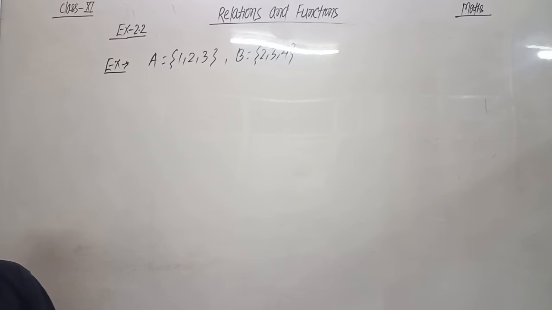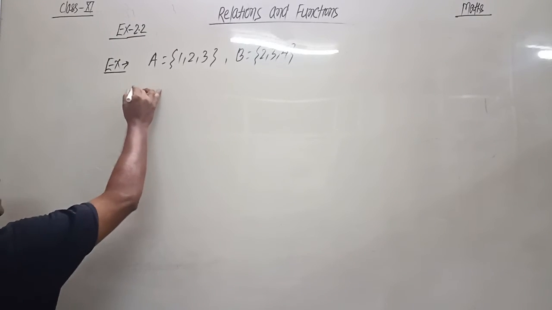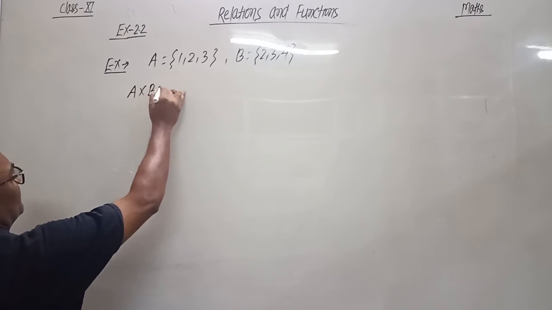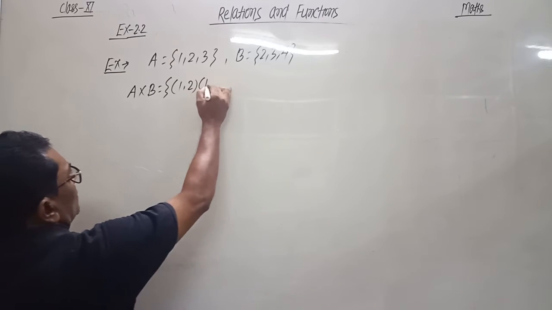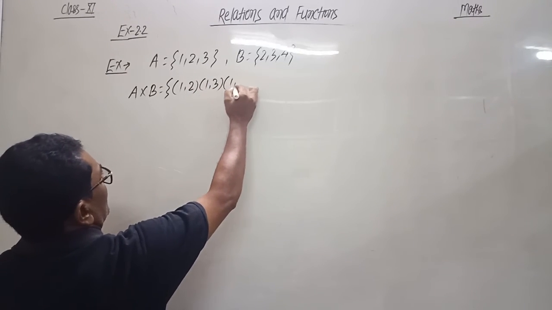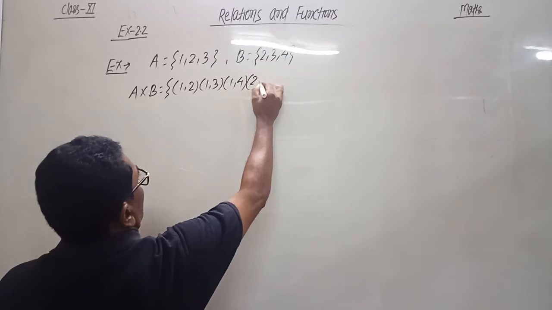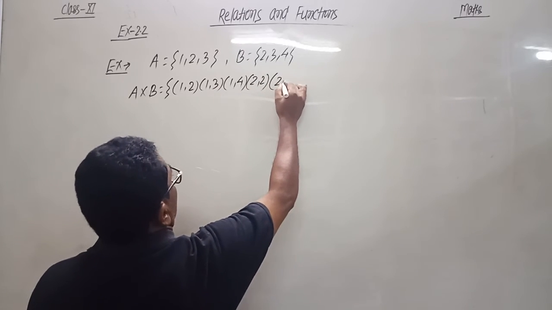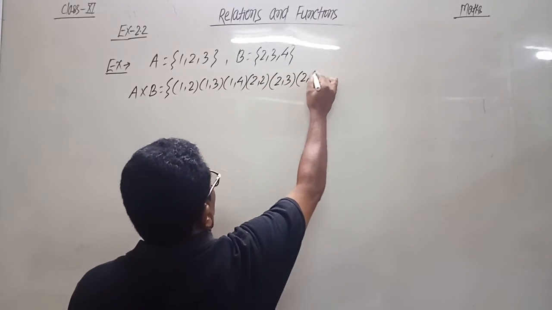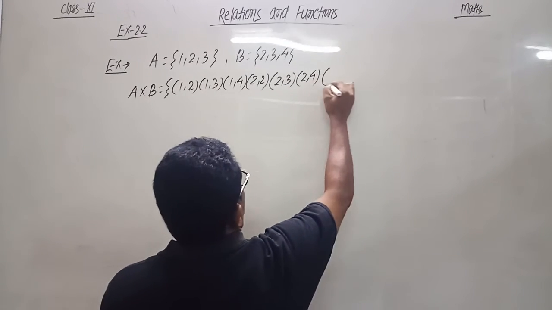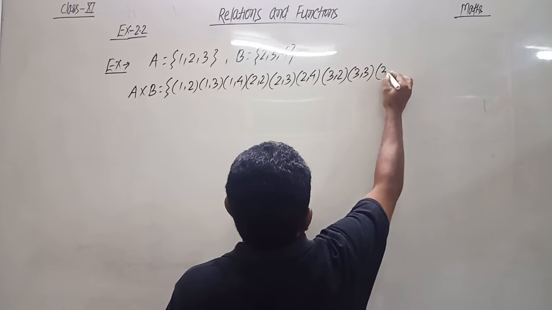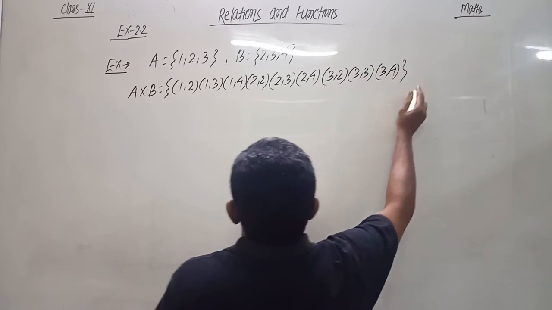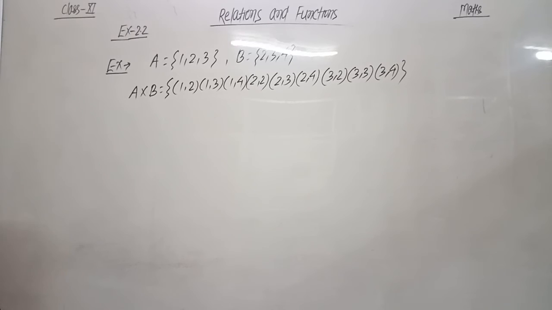It means a function is also a subset of A cross B. So we calculate A cross B first: the ordered pairs (1, 2), (1, 3), (1, 4), then (2, 2), (2, 3), (2, 4), then (3, 2), (3, 3) and (3, 4). This we have calculated, A cross B.